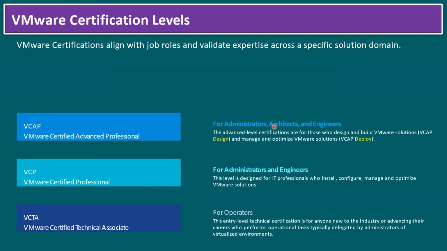Within this advanced professional certification, we have two exams: one is VCAP Design and the other is VCAP Deploy. If you complete both the VCAP Design and Deploy certifications, we are eligible to get a separate milestone from VMware called VMware Certified Implementation Expert. So when you complete these two certificates, you get the implementation expert.